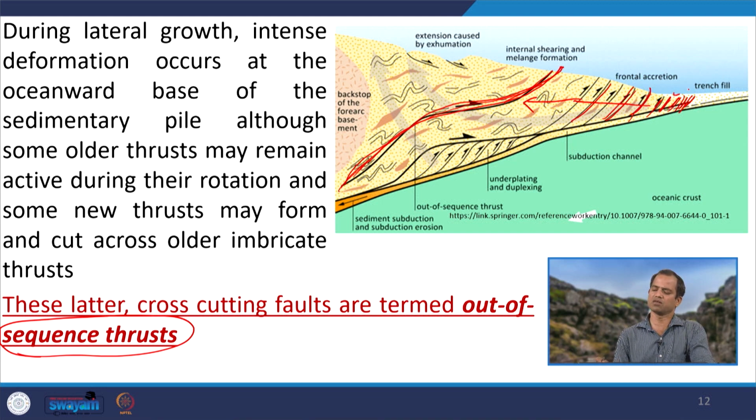This side it will be shallow dip thrust and this side there will be steep dipping thrust, but these thrusts are totally new. Due to compression they are newly generated, and they are not maintaining the same sequence as these thrusts. That is why these are called out of sequence thrusts.